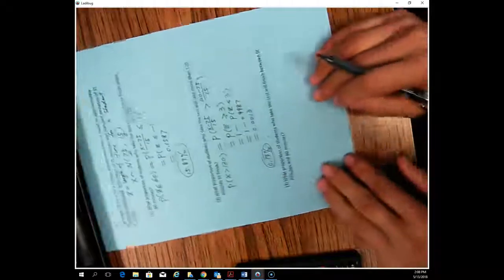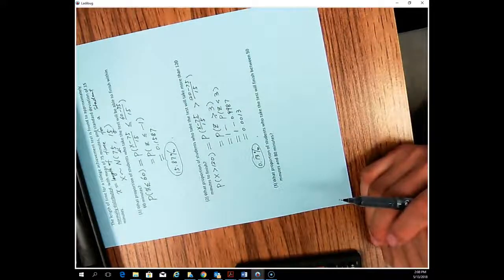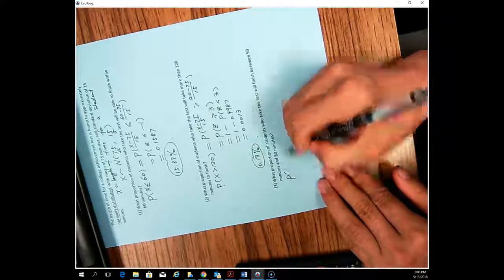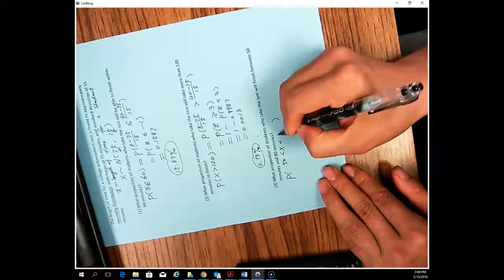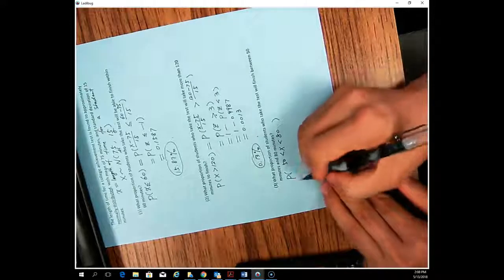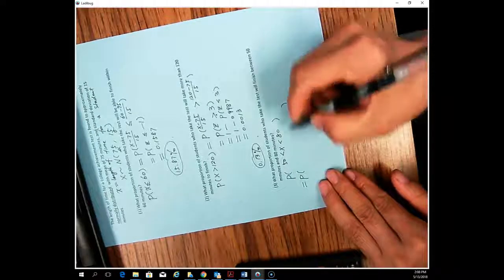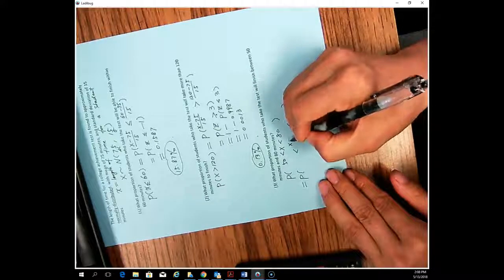Okay. And next question, what proportion of the students who take the test will finish between 50 minutes and 80 minutes? So basically we're looking for the probability of the time between 50 and 80. Then we can standardize the event using z equal to x minus mu divided by sigma.